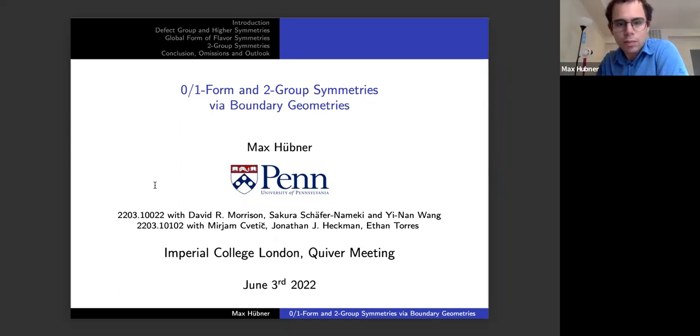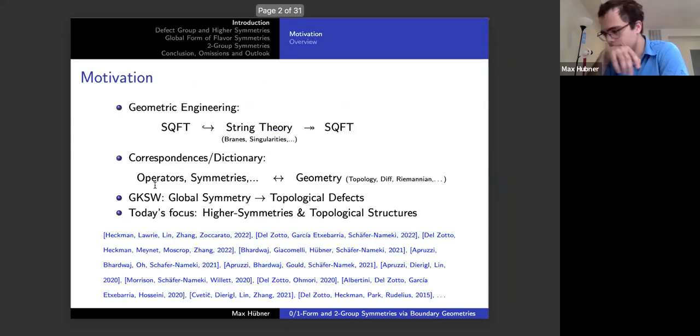Let me motivate this talk with some semantics and by recalling the ideas of geometric engineering. Many years ago, it was realized that supersymmetric quantum field theories can be studied by embedding them as localized degrees of freedom into string theory, typically localized on branes or at singularities.